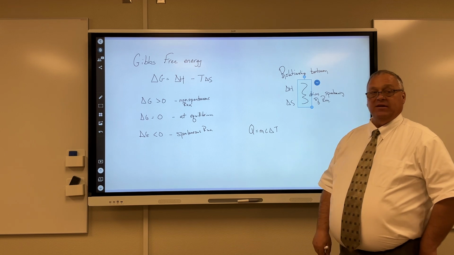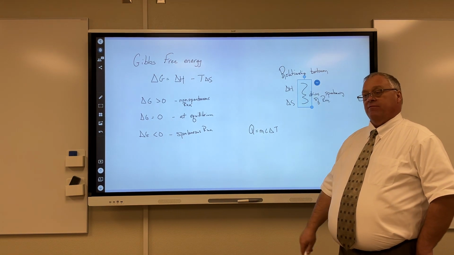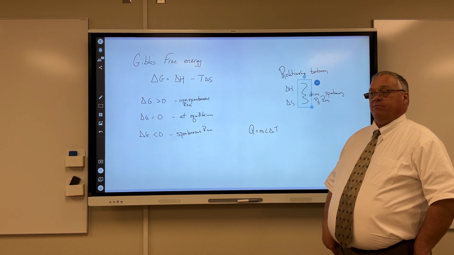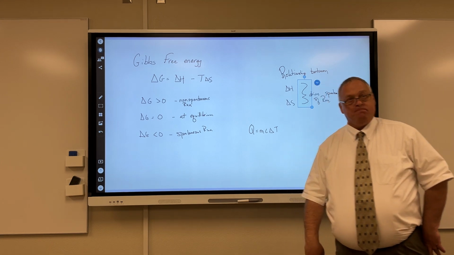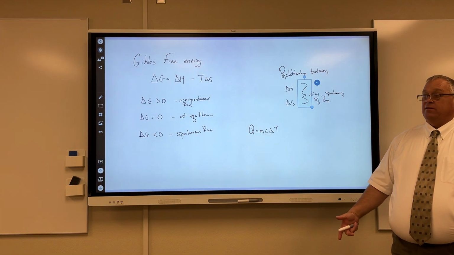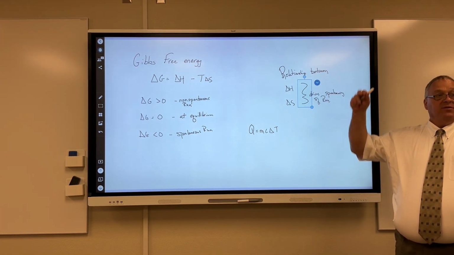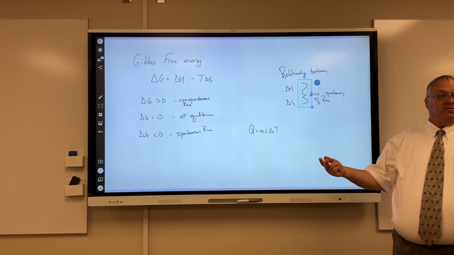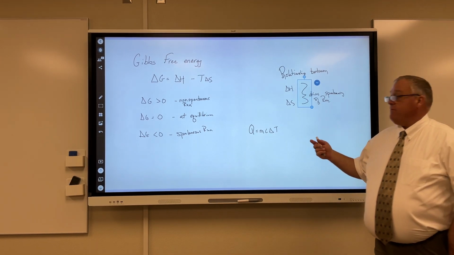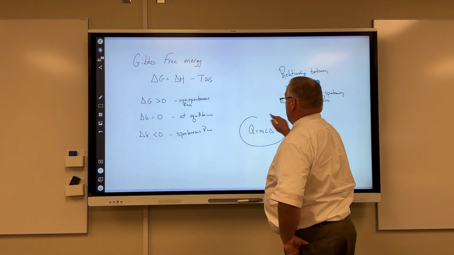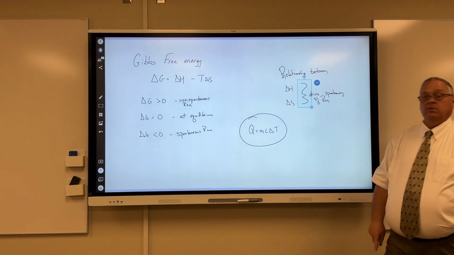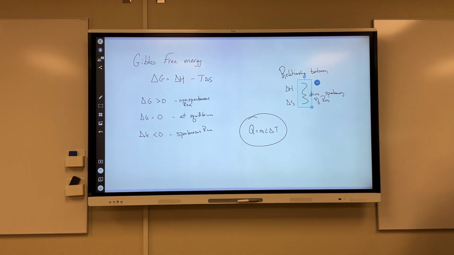Q is equal to MC delta T. Where does that relationship come from? It comes from the property of specific heat. Specific heat is equal to the heat over the mass times the change in temperature. So we relate everything back to this relationship within thermodynamics, okay?